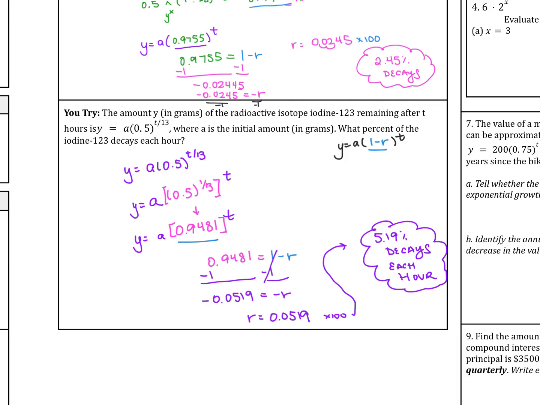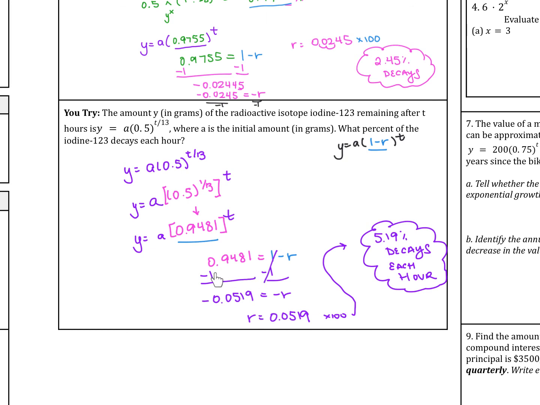If you tried it out, you should have gotten 5.19% would decay each hour. First you would separate out the t over 13, so 0.5 raised to the 1 over 13. Then you plug it in your calculator, and you should have gotten 0.9481. Remember to set the 0.9481 equal to 1 minus r.